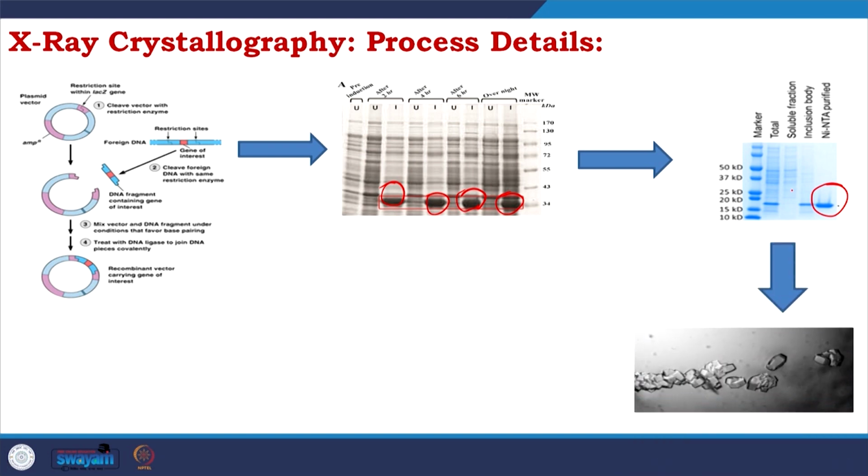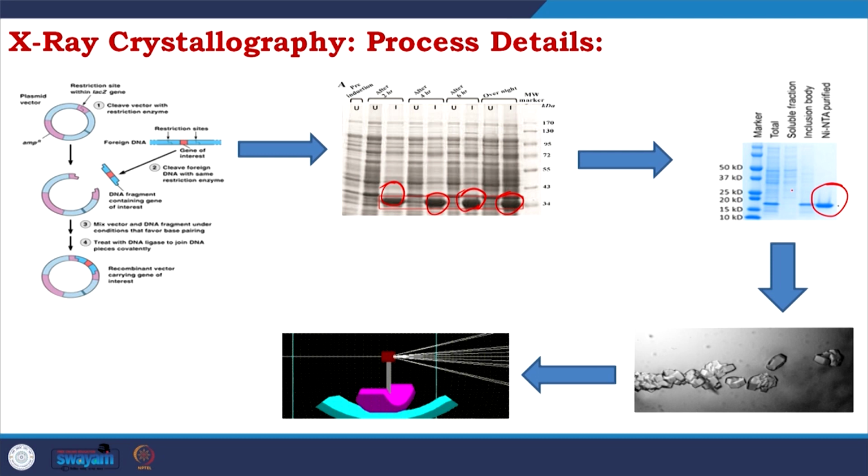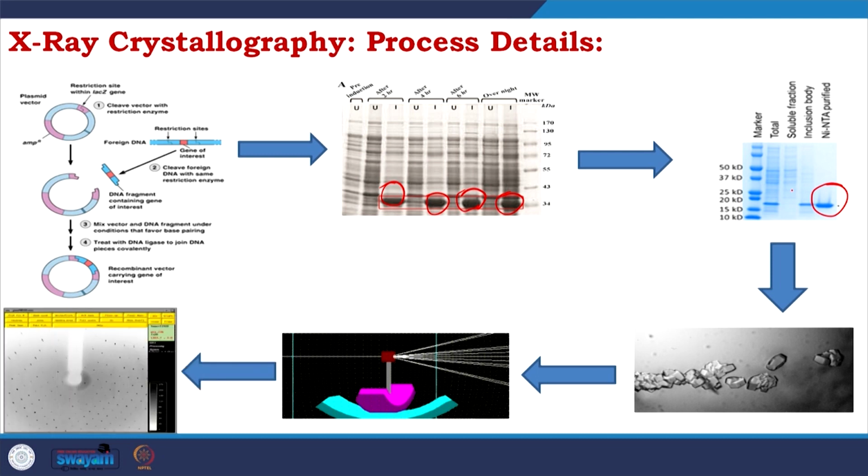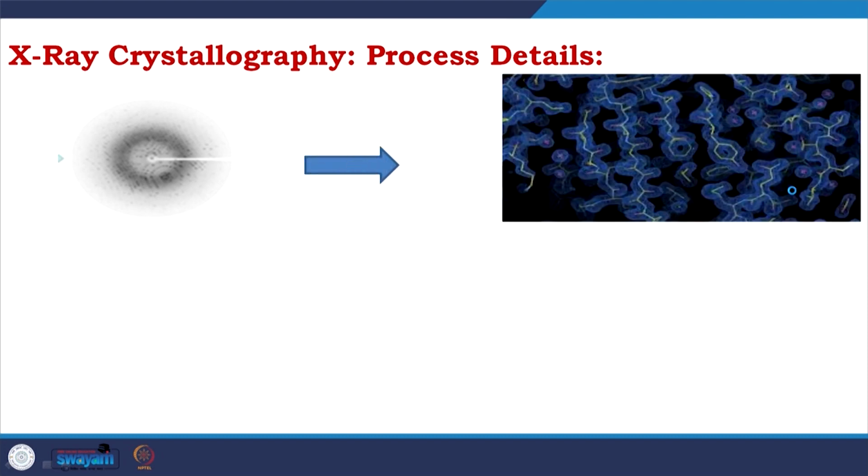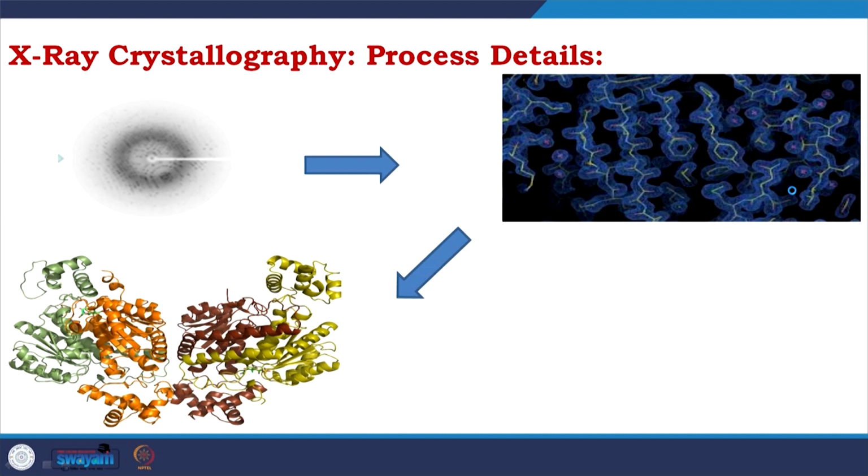So, you get a purified protein, then you go for crystallization. Then if you get a single crystal, you will go for diffraction, and then when you get the diffraction data, you will process the diffraction data, you will get electron density, and then from the electron density you will build up the model, and the model is your final goal towards getting the structure solved by the technique of X-ray crystallography.